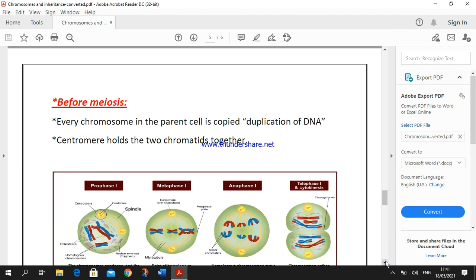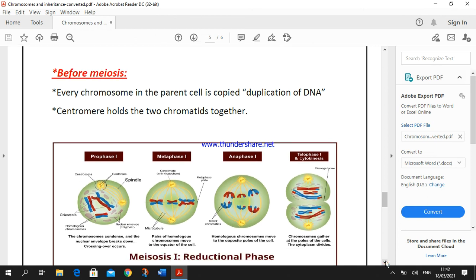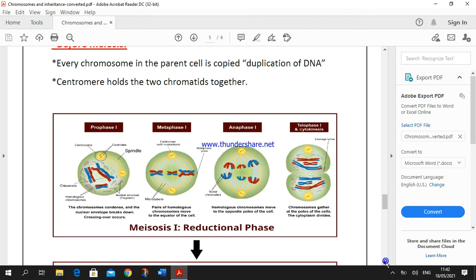Before meiosis, every chromosome in a parent cell is copied due to the duplication of DNA, and the centromere holds the two chromatids together to form a chromosome.